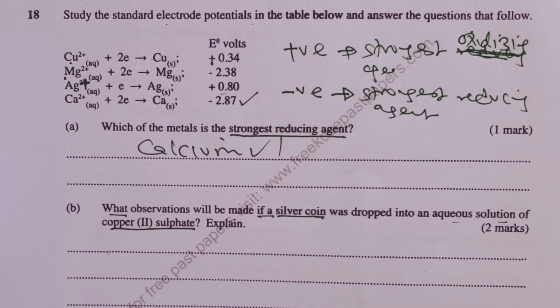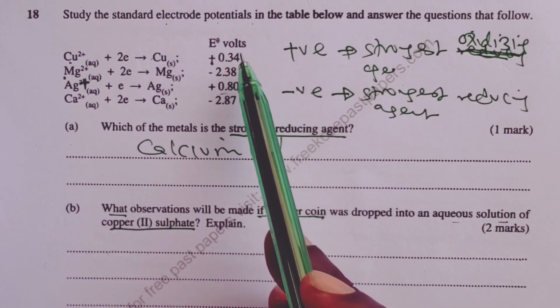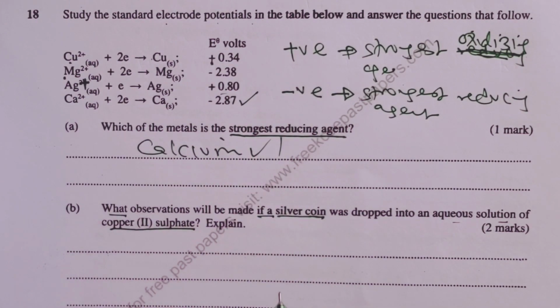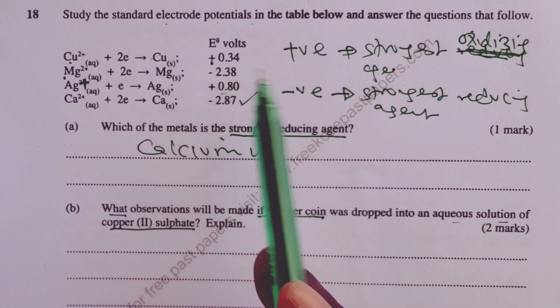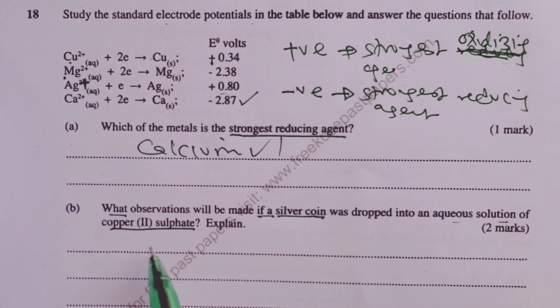One is using our usual reactivity series, where we know that silver is below copper and therefore less reactive than copper, and for that matter, it will not actually displace copper from its ions. But because we've been given these, the examiner expected us to use actually these values to help us answer our question.